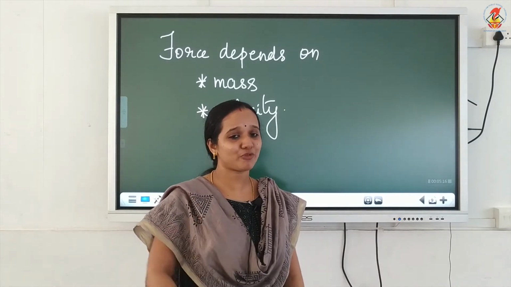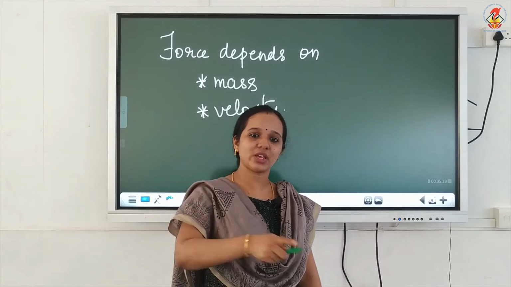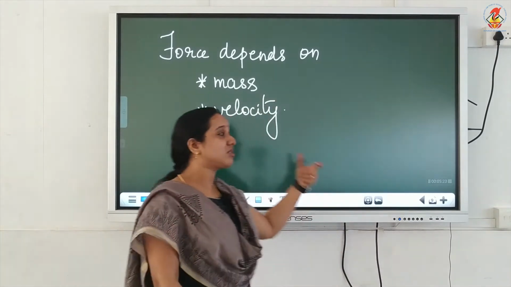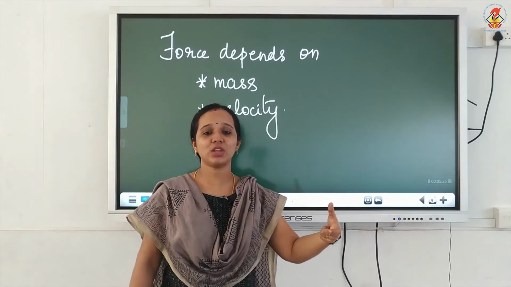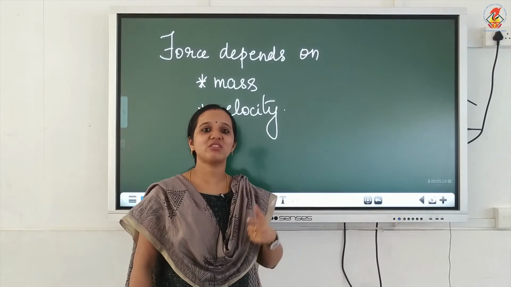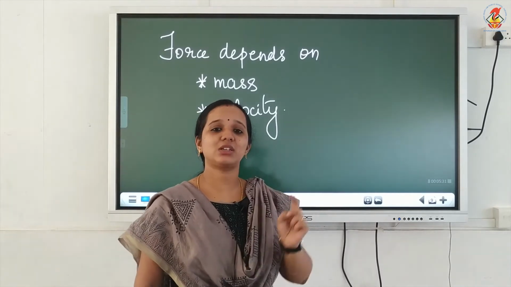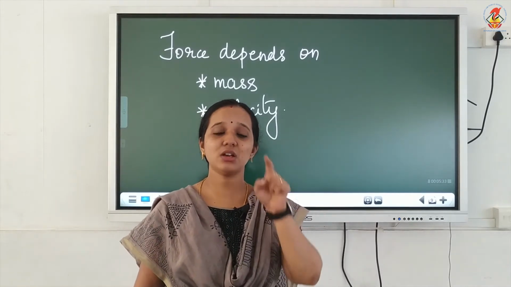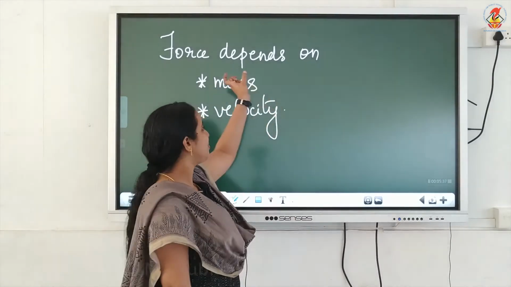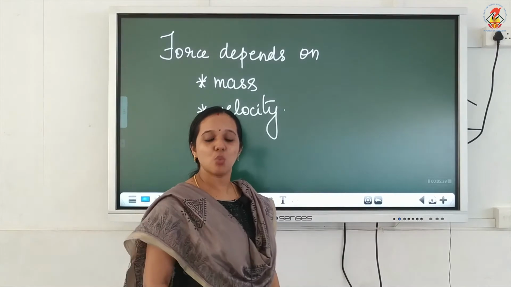With the help of the toy gun, you increased the velocity of the marble piece, and then you broke the glass wall. That is, objects with greater velocity can apply greater force. That is, force depends upon two factors, mass and velocity.